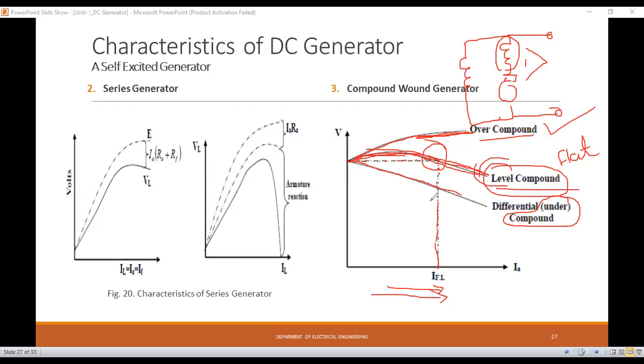And the last one is nothing but if series field winding turns are less than that of flat compounded, or series field winding turns are adjusted so that with the increase in load current, the terminal voltage of the generator reduces. So less than that of flat compounded, then it is nothing but under compounding situation. It is nothing but under compounding, or it is called differential generator, under compounded generator.